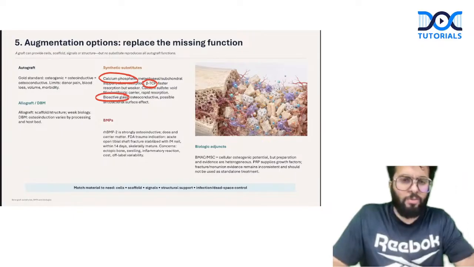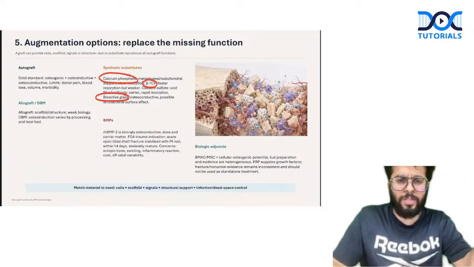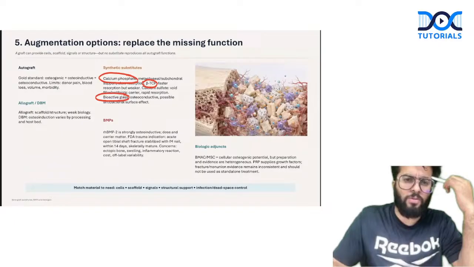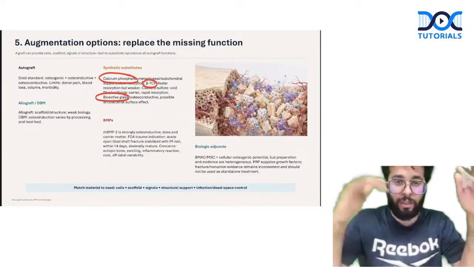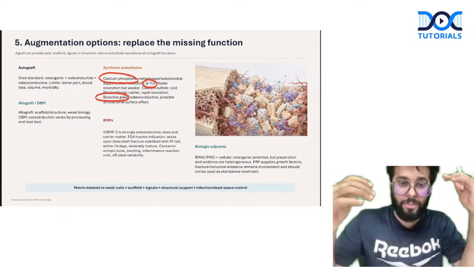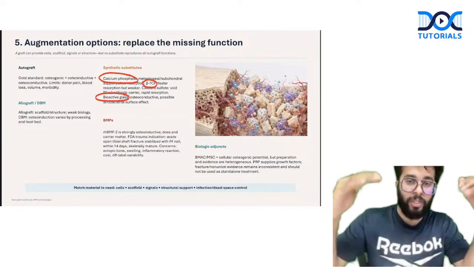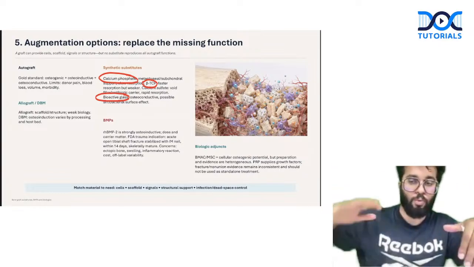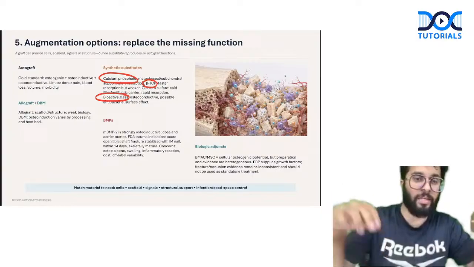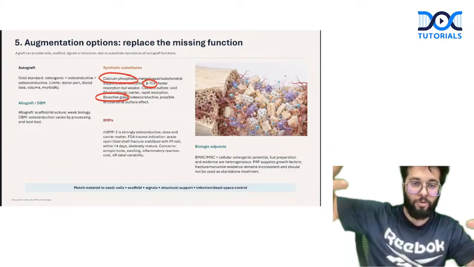So you might get a question: write a short note on synthetic substitutes used in case of a non-union. The question might come this way. In these questions, you have to initially mention osteogenic, osteoconductive, osteoinductive, and what these are exactly. Then mention calcium phosphate.